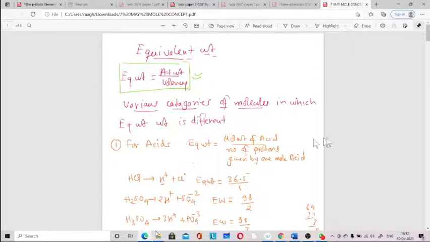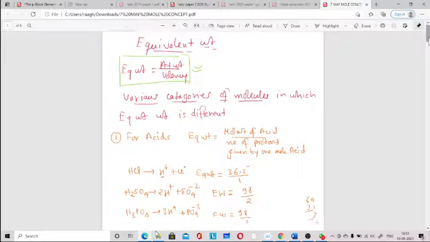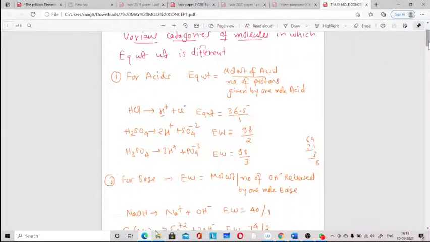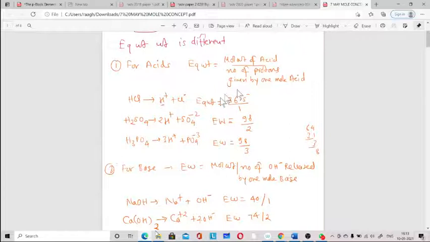So last time, just for a revision, equivalent weight I told you is atomic weight upon valency. For acids, it is the number of protons given by 1 mole of acid.